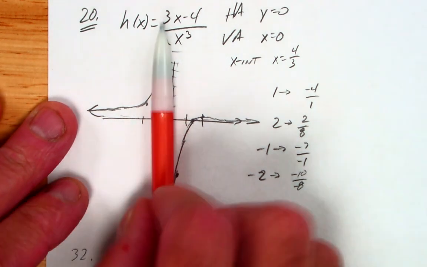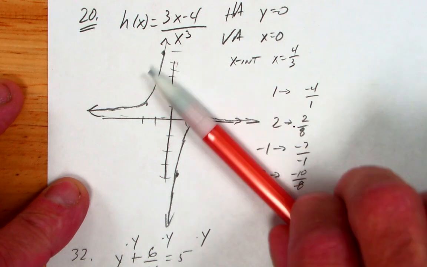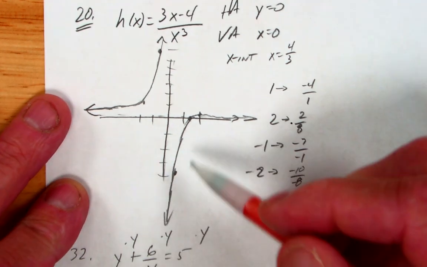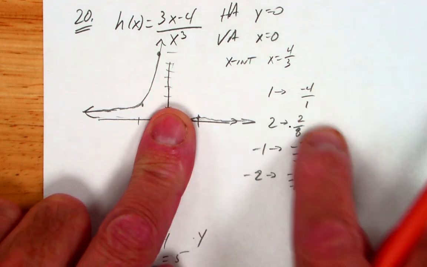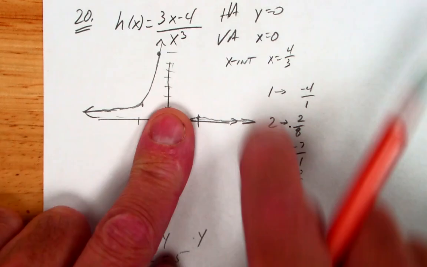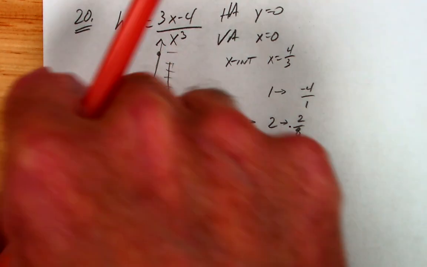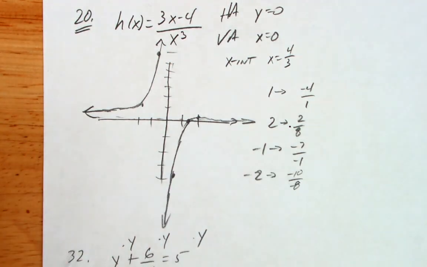So I've got this and this for my asymptotes, and this shows that we can cross an asymptote in the middle, because remember, the horizontal asymptotes are end behavior, as we plug in very large numbers and very small numbers.